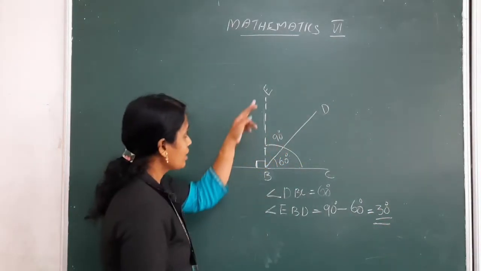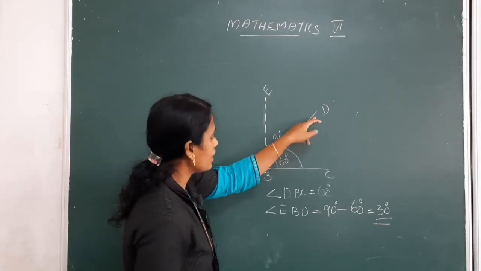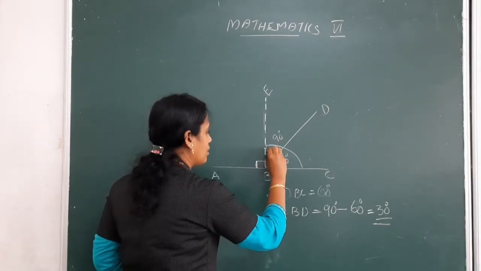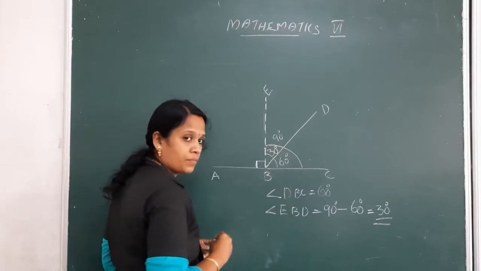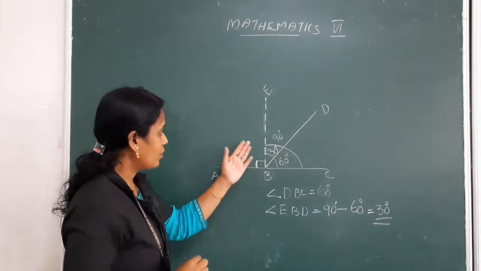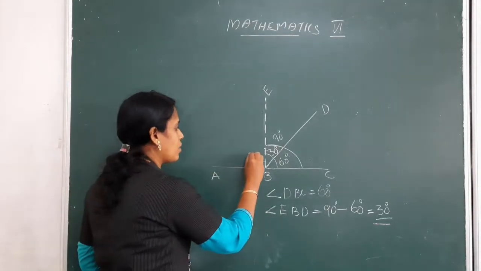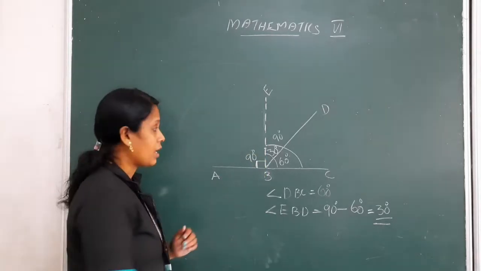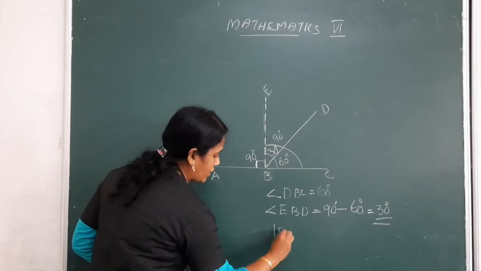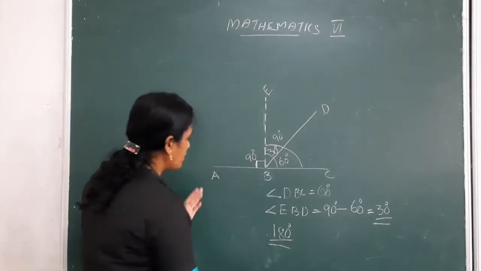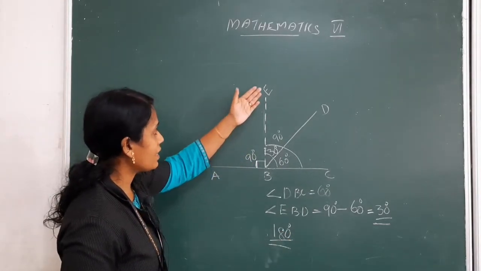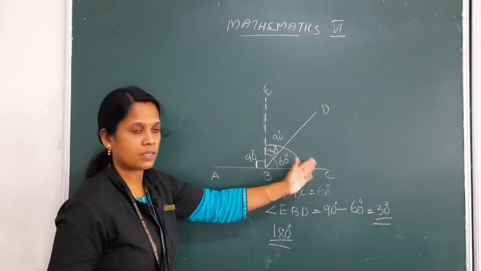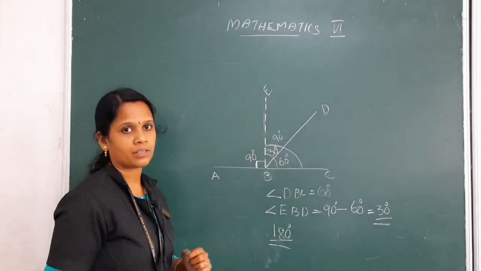So angle EBD 30 degree. Okay. So this side here also 90 degree. So here total 180 degree, means ABE and EBC 180 degree.